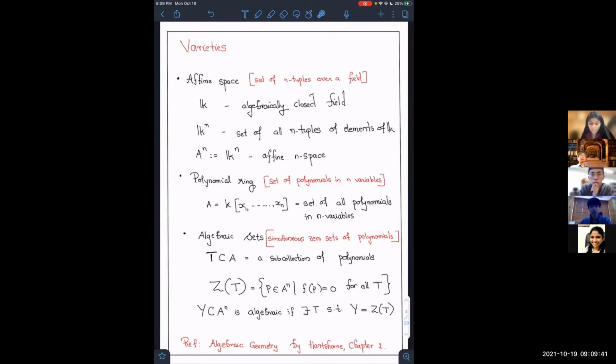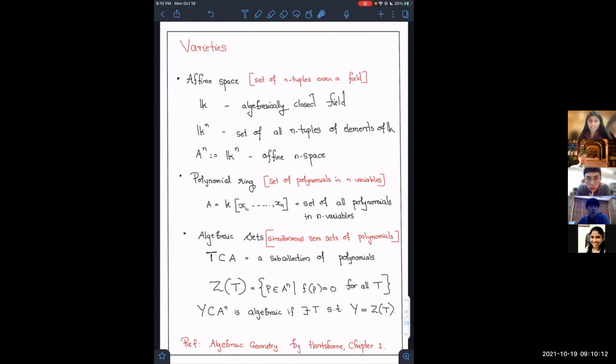Keeping in mind the example of the circle, a circle is a collection of points, right? And these points come from some space. So first we want an underlying space from which we take these points. We define something called affine space. For this talk, I'm going to restrict to the definition over a field which is algebraically closed.